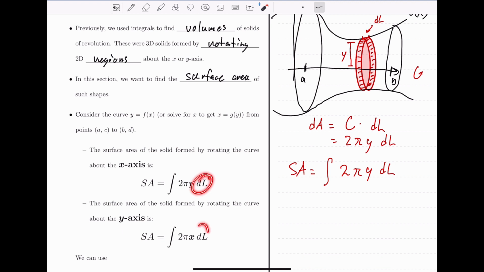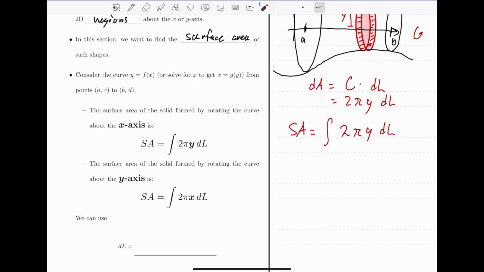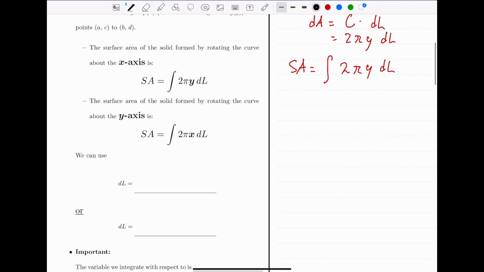Now the dl for both of these expressions is the same dl that we saw when we did arc lengths. So dl here can have two different expressions. We can use either dl equals the square root of 1 plus dy dx squared dx, or the second option is the square root of 1 plus dx over dy squared dy.